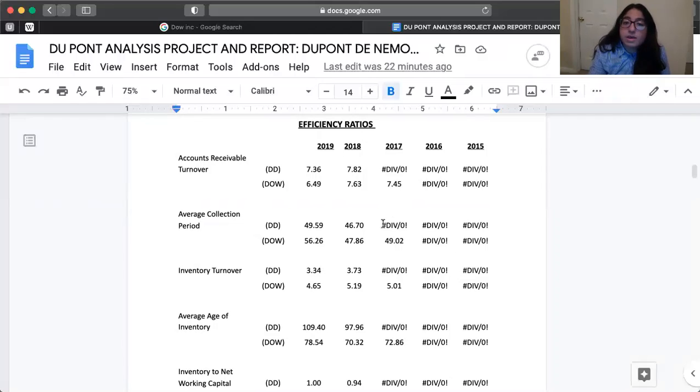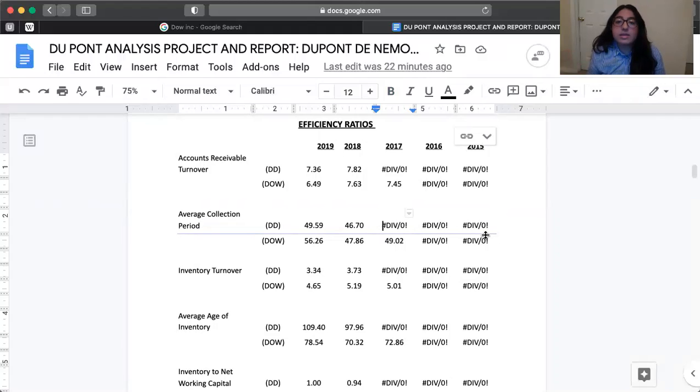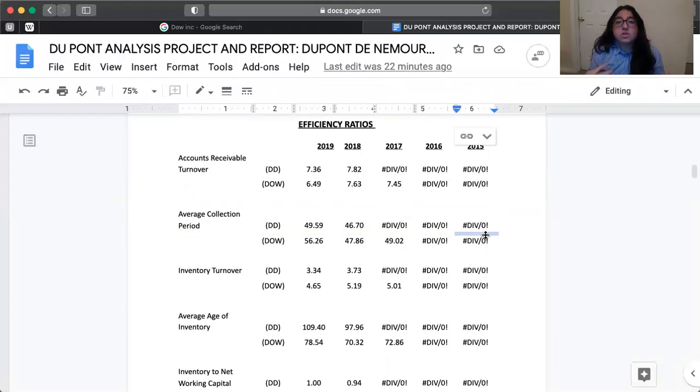The reason why there will be an error sign is because the companies are just new, so it doesn't have the data from 2015.